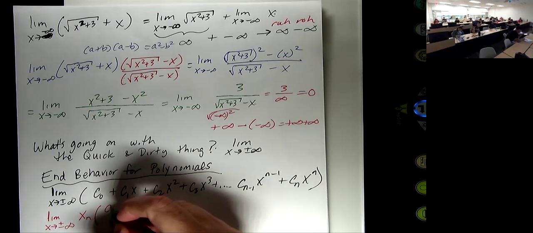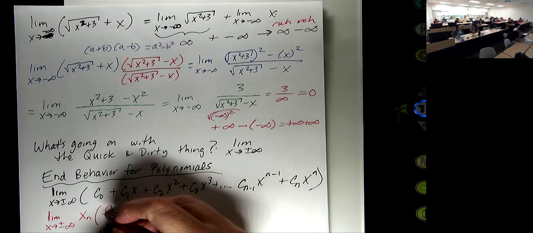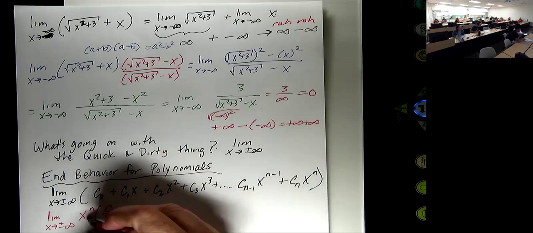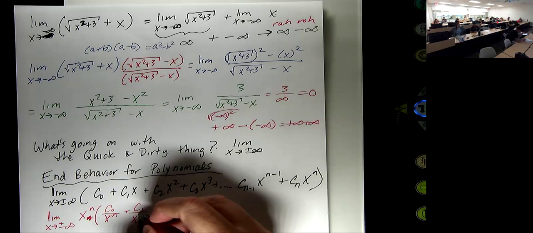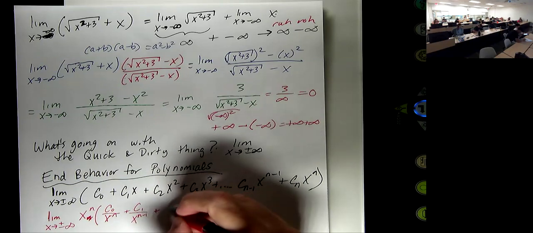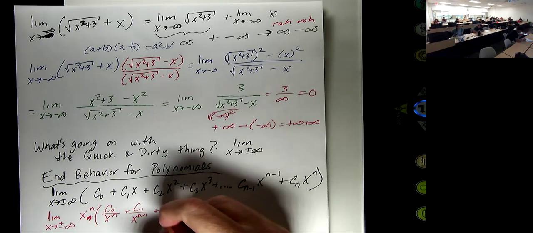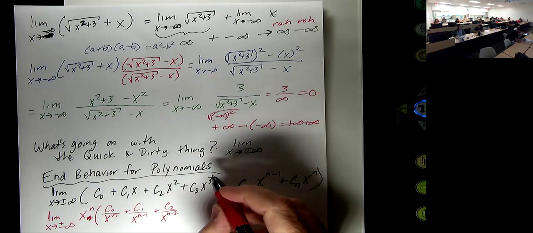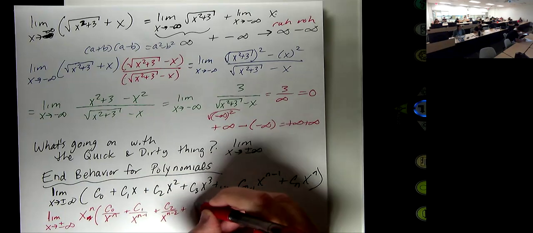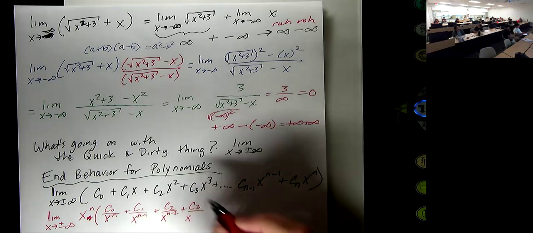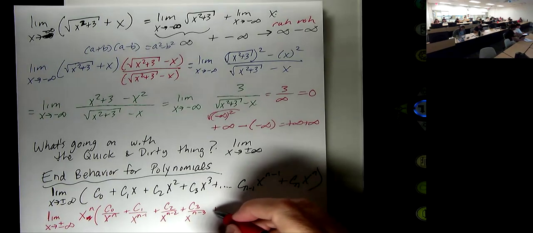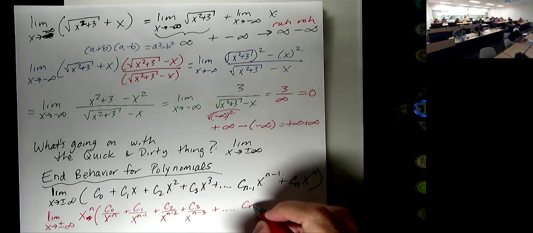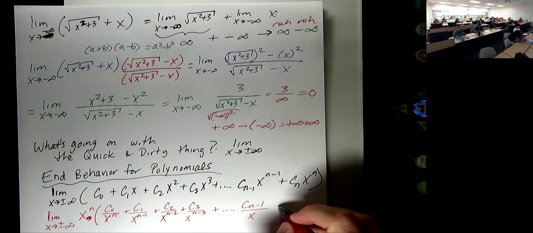This is C0 over x to the n, plus C1 over x to the n minus one, plus C2 over x to the n minus two, plus C3 over x to the n minus three, plus Cn minus one over x, plus Cn.